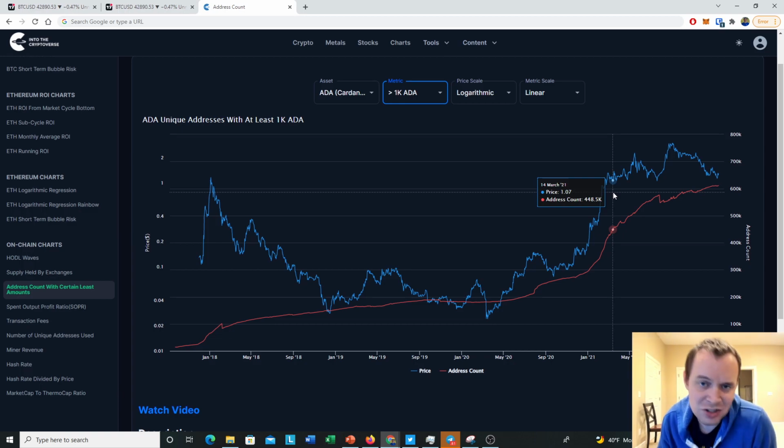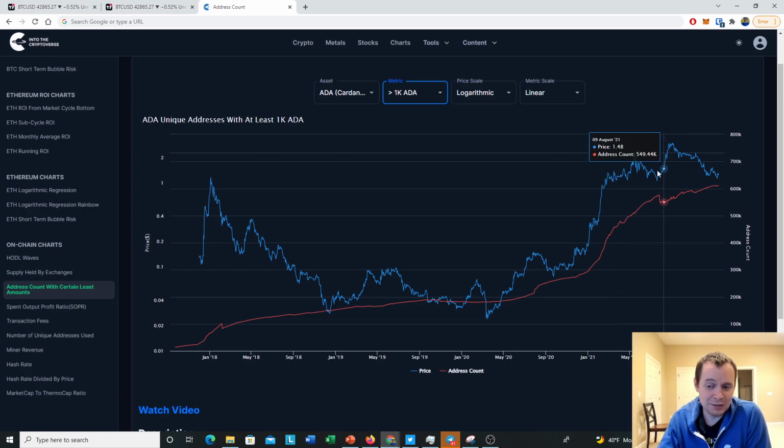A lot of this is just going to be dependent on what Bitcoin does, as we know. The altcoin market, to a large extent, is very dependent on what Bitcoin does. Now, if Bitcoin's going sideways, we know that the rest of the market can move without Bitcoin. But if Bitcoin's dropping quickly, then rest assured most of the market will be dropping quickly. So if Bitcoin were to go back to 40K, or if it loses 40K as support, then of course ADA will more than likely go to lower prices than it currently is today.